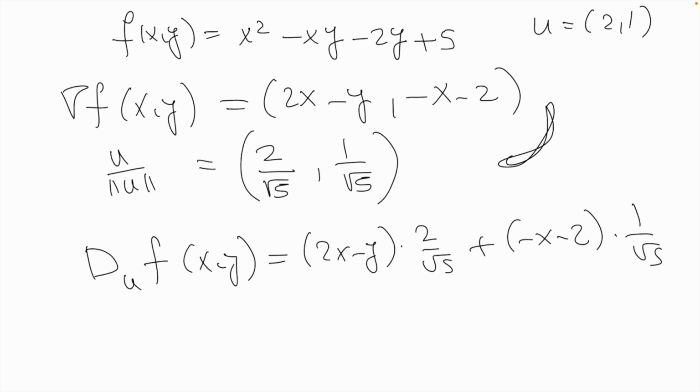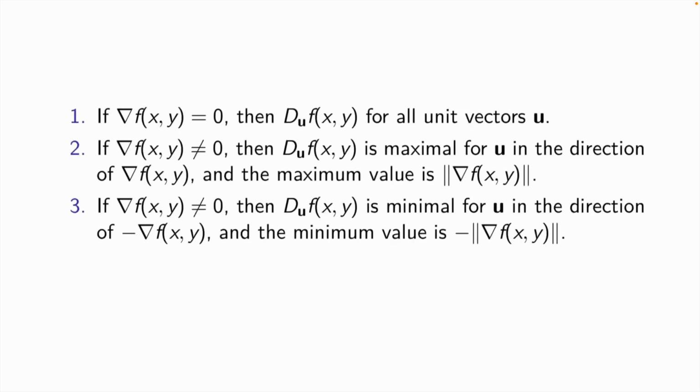Now, knowing that this is the dot product, we also have a way to remember how to do the directional derivative, and we can use everything we know about the dot product. Let's remind you that the directional derivative of a function at a point is the dot product of the gradient with the unit vector u.